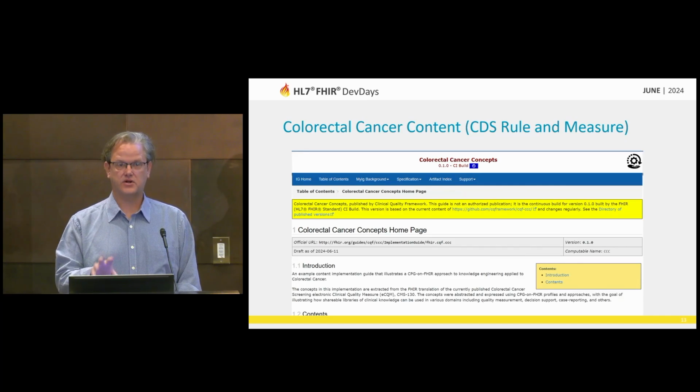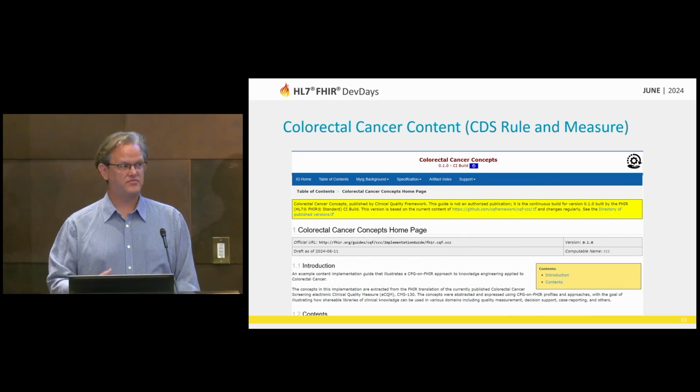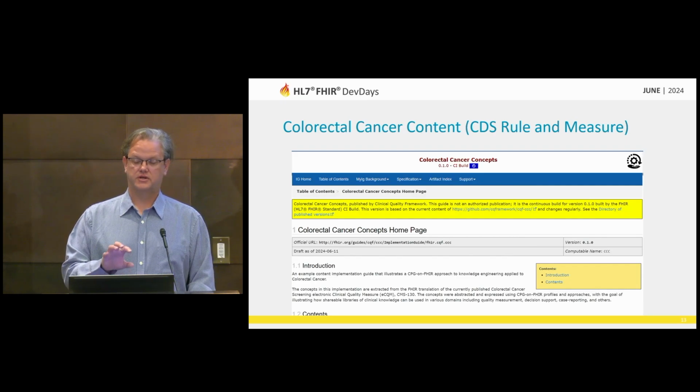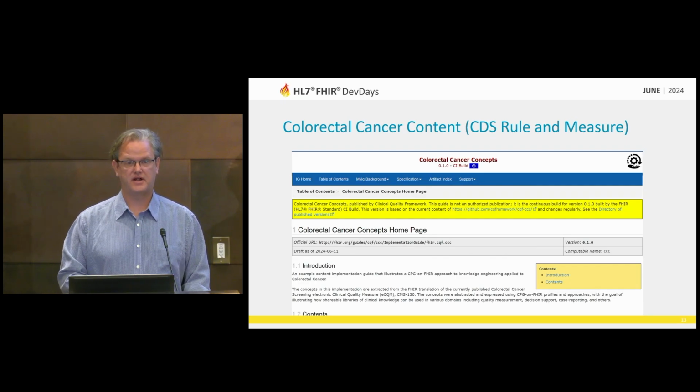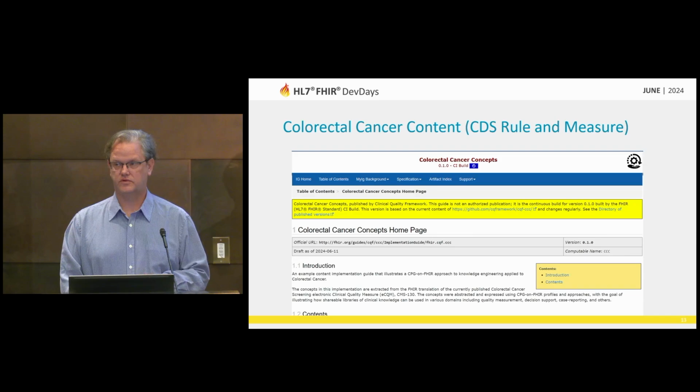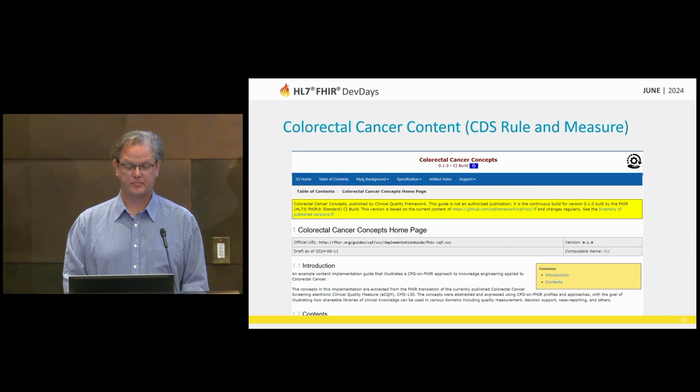And the things that are in it, instead of being profiles and structure definitions, it actually contains plan definitions, measures, libraries, resources that in FHIR represent knowledge artifacts like decision support rules and quality measure specifications. So you can share and publish those artifacts as a FHIR implementation guide, and that Colorectal Cancer Concepts IG is doing exactly that.